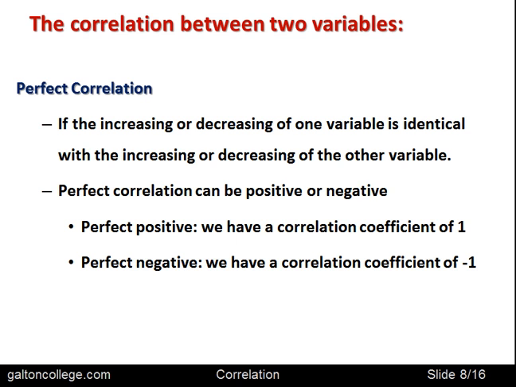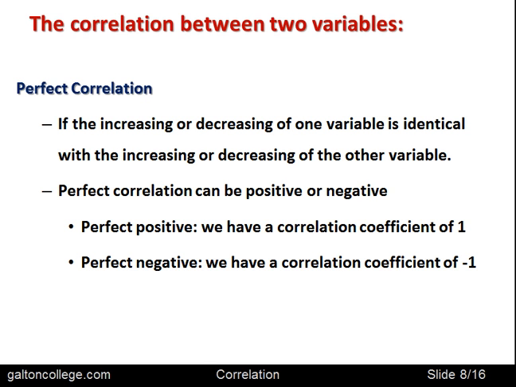In this case, as one set of numbers increases, the other set increases by some proportion. Let's say one set of numbers starts to double and the other set of numbers starts to double. Now, that means there's a perfect positive relationship. Or if one set of numbers starts to double and the other set of numbers starts to halve, there is a perfect negative relationship.